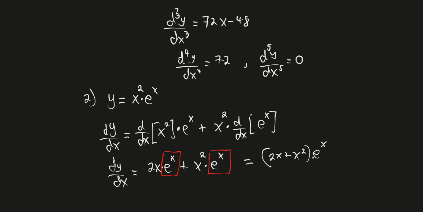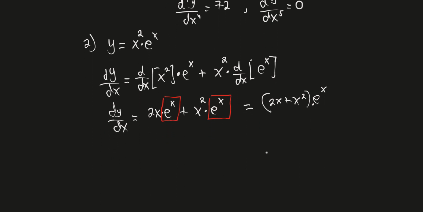So let's see what happens when I apply the product rule again to this function to find the second derivative. So d2y dx squared is equal to, again, let's write down what the product rule says.